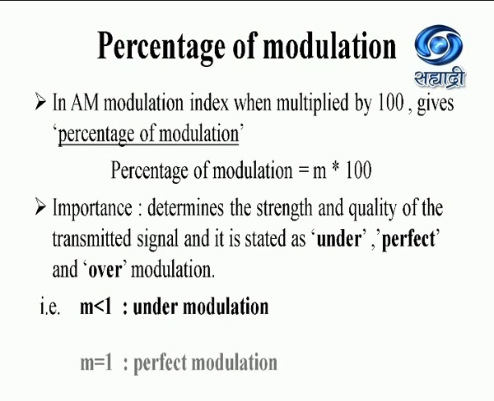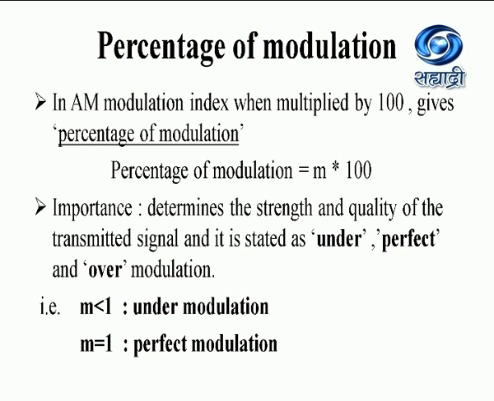Then we can calculate the modulation in percentage, which is called the percentage of modulation. In AM, the modulation index multiplied by 100 gives the percentage of modulation. So the percentage of modulation is m into 100. What is the importance of this percentage?